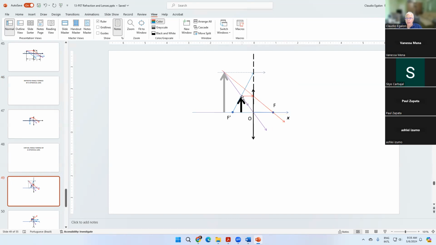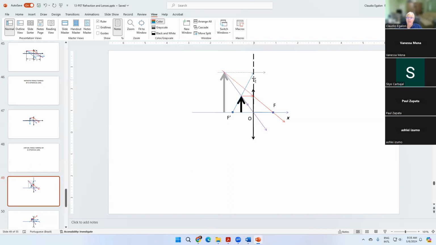Okay, here's the first refracted light ray, right? It passes through unrefracted. Here is the light ray that's parallel to the principal axis, converged towards the focal point. And then here's the third light ray that passes through the front focal point.